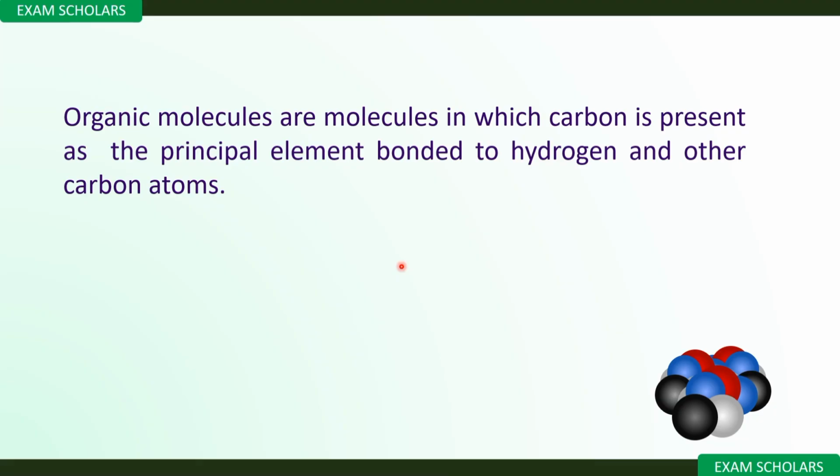Each of them has an equal say in that compound. When it now comes to organic compounds, the one that is dictating the affairs of that compound, the one that is holding the compound, is carbon. So carbon is present as the principal, the major element, the shape giver of the compound.